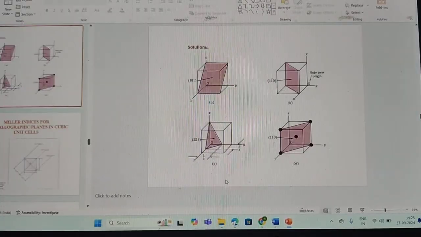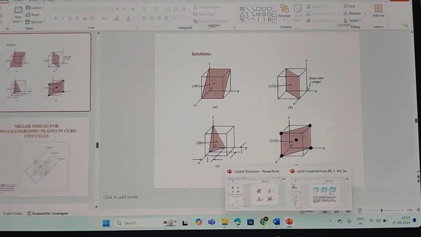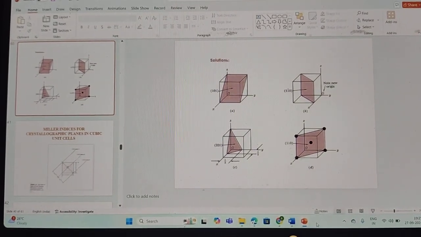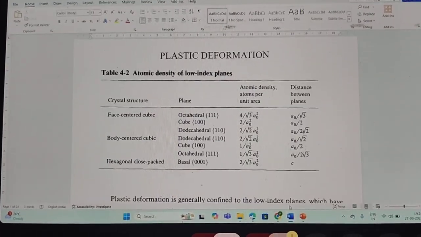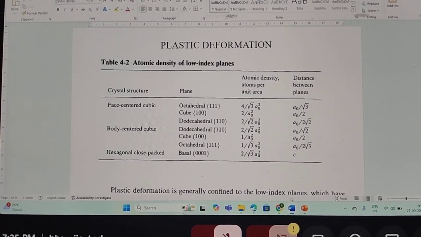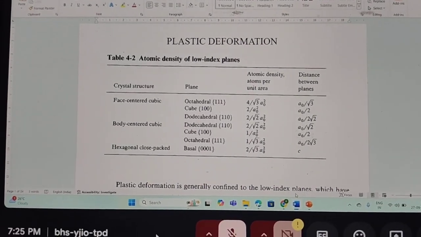Now, let me come to the main points where I'll give you some glimpse of those things. Now, we will be discussing plastic deformation.